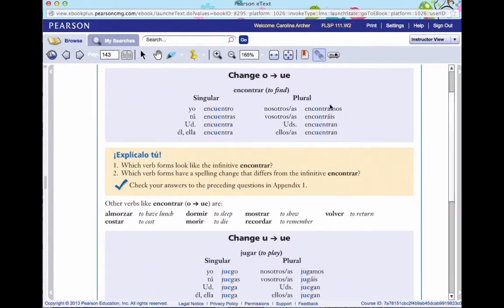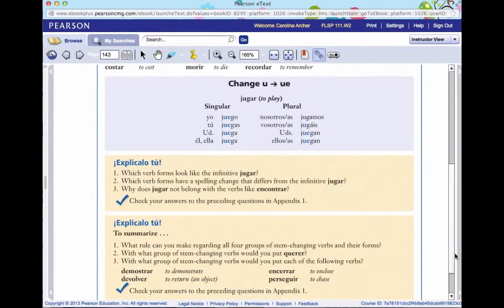Nosotros and vosotros don't change. Ustedes, ellos, ellas encuentran. And other verbs that conjugate the exact same way as encontrar are almorzar, costar, dormir, morir, mostrar, recordar, y volver. Those are all verbs that conjugate the same way.